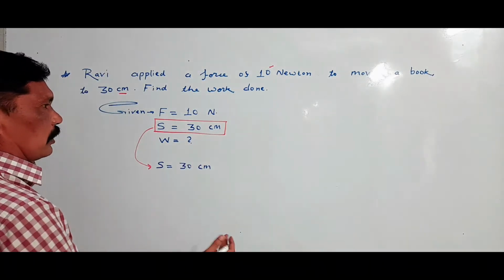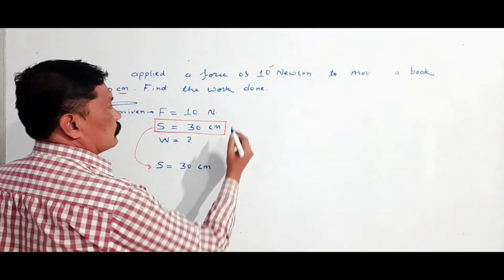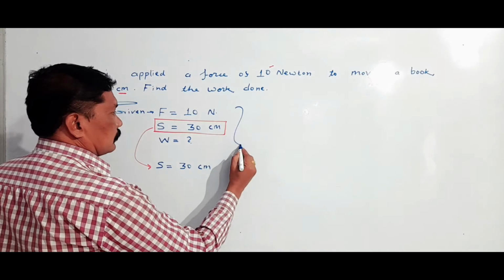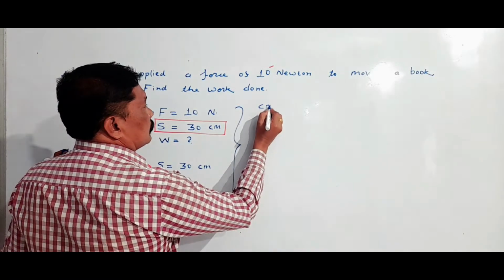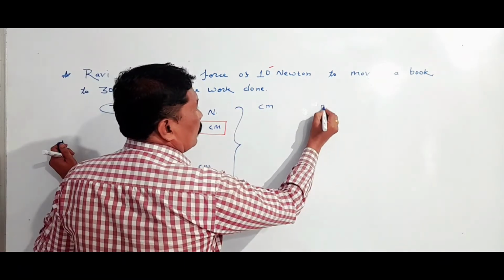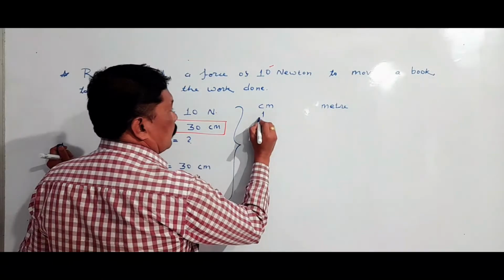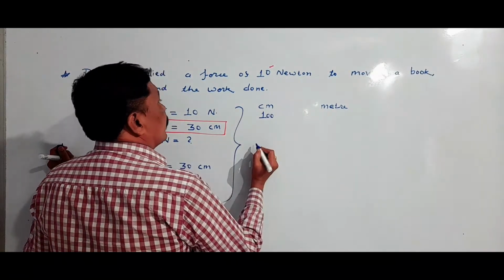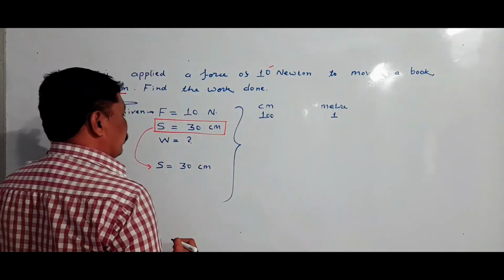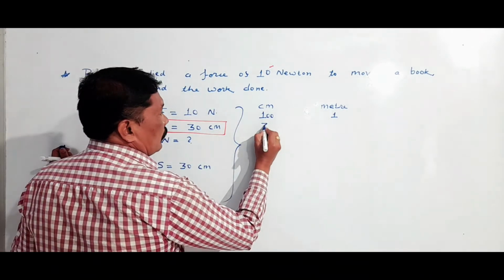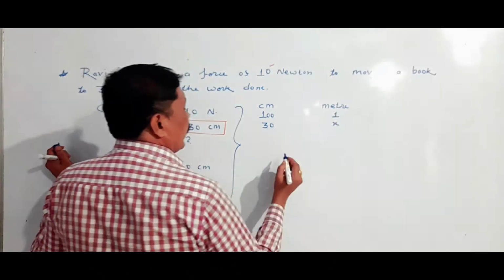Now we have to convert it into meter. Centimeter, meter. 100 centimeter, 1 meter. 30 centimeter, x.